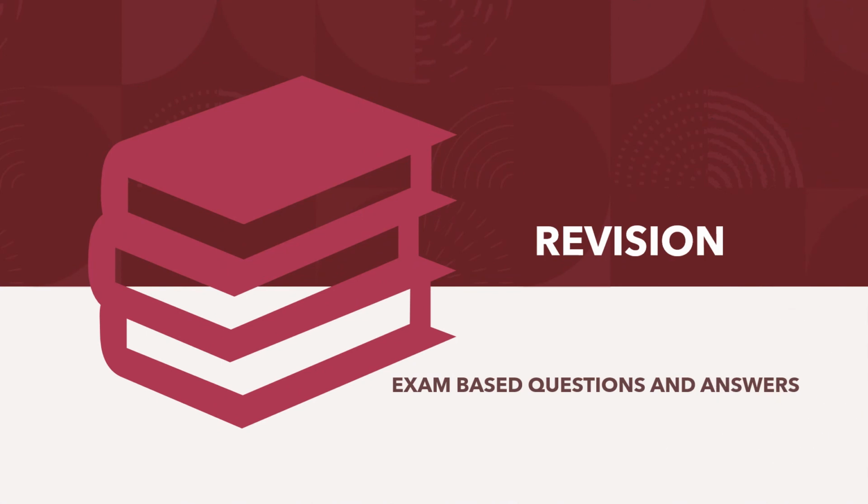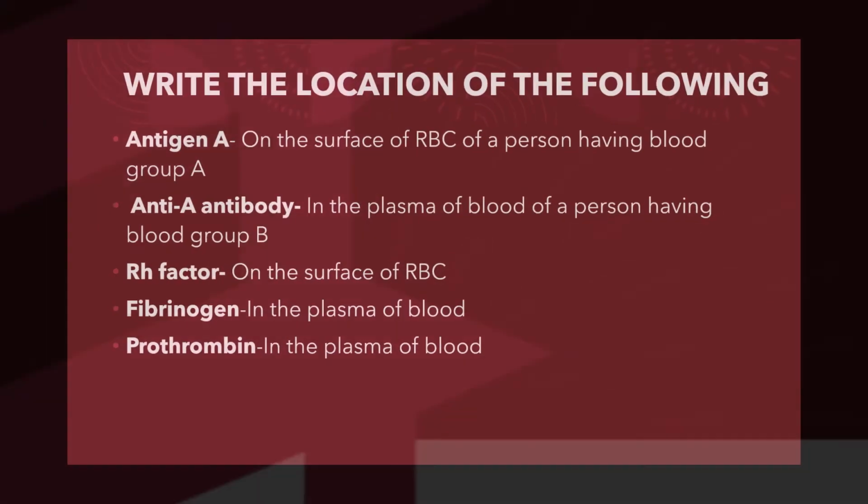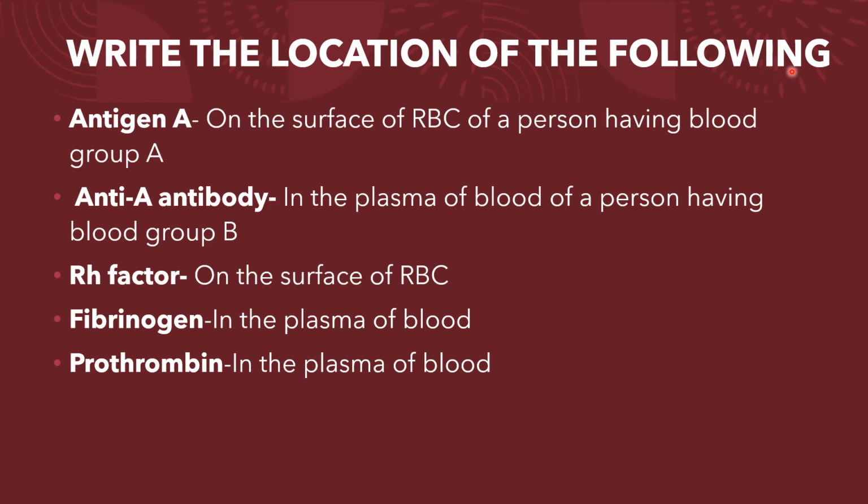Revision. Exam based questions and answers we can discuss. Write the location of the following. Antigen A on the surface of RBC of a person having blood group A. Anti-A antibody in the plasma of the blood of a person having blood group B. Rh factor on the surface of RBC.